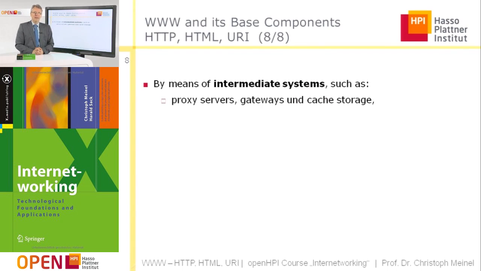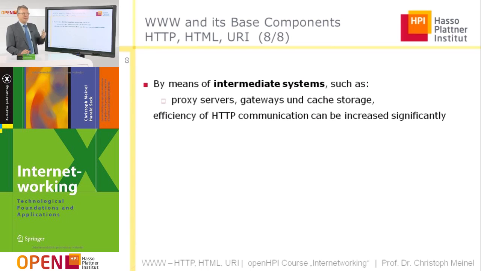Now, the Internet runs by means of intermediate systems, and all the intermediate systems, the proxy servers, the gateways, and cache storage play an important role for the World Wide Web. They help to increase the efficiency of the HTTP communication.